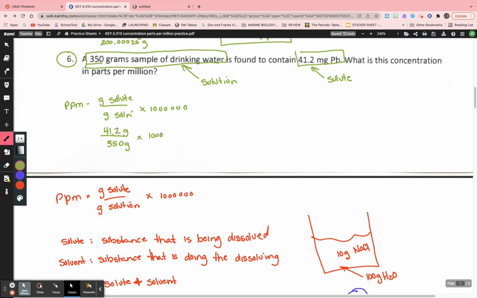Times 1 million. Okay, let's do it. 41.2 divided by 350 times a million. And I get 117,714 parts per million.